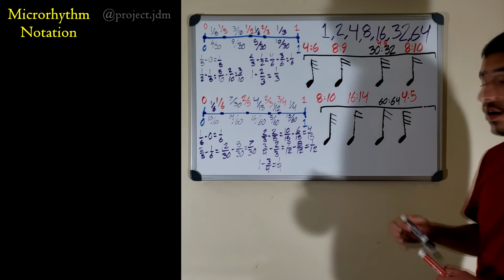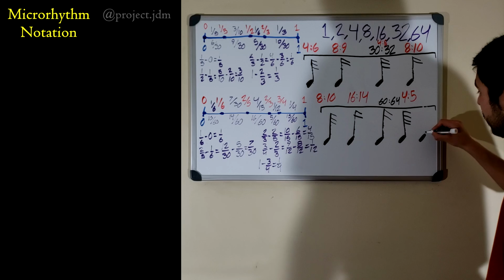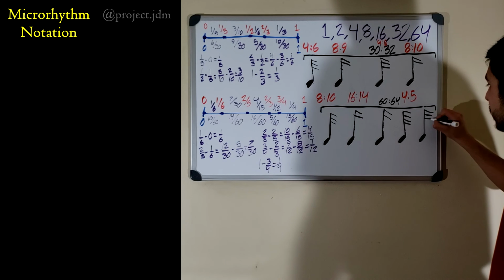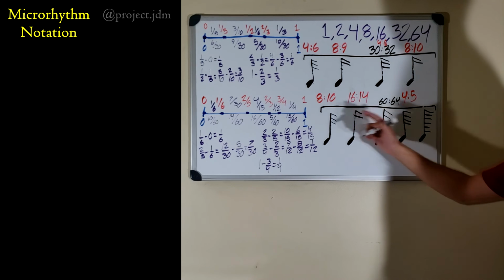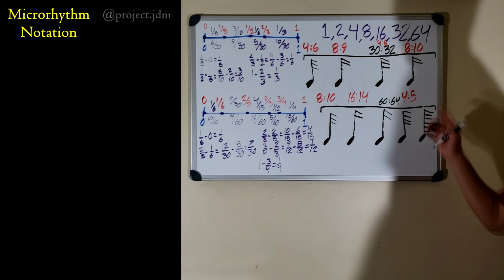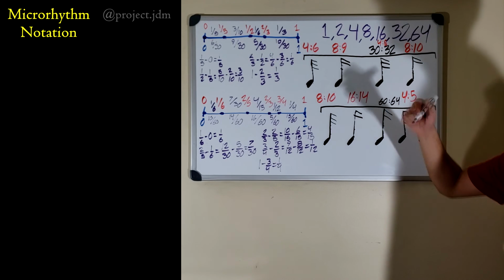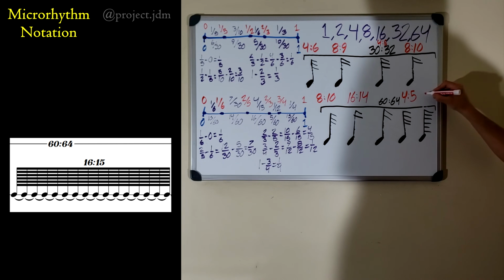So we're going to write our first note, our 256th note. So we have this guy, we want to fit 15 of these, or we have the space of 15 of these, so our closest power of 2 is 16. So we're going to introduce a 16 over 15 tuplet.